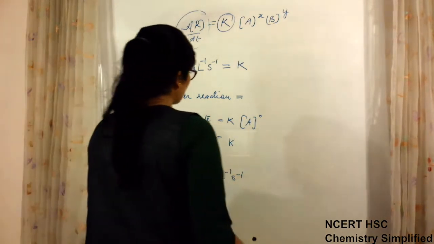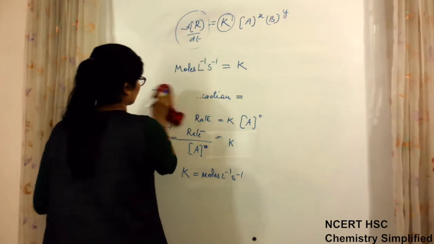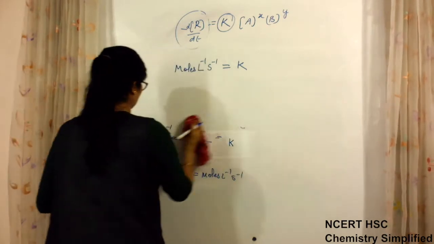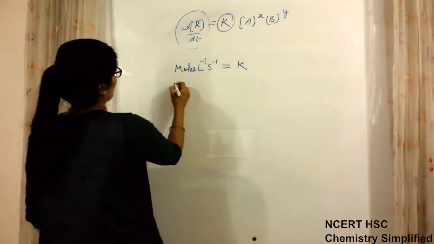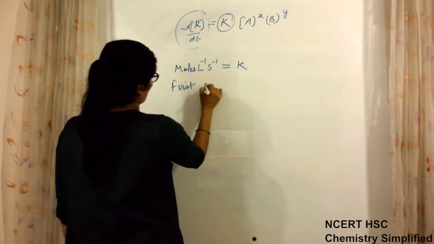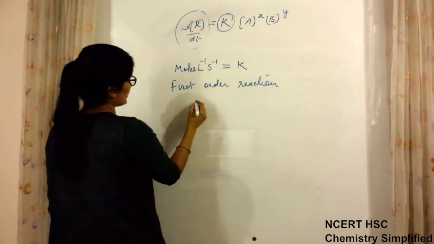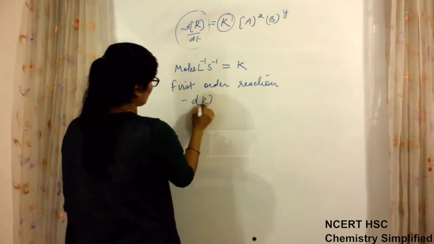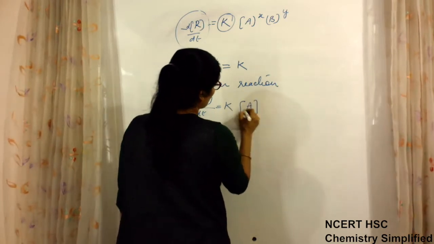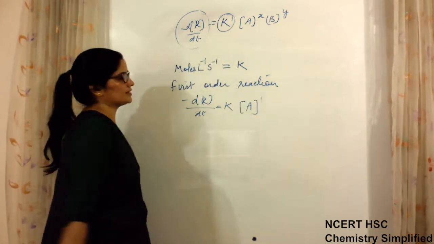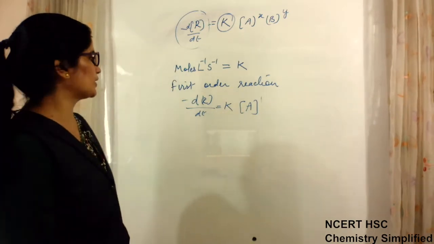Now let us see the same thing for a first order reaction. The rate law for a first order reaction will be written as minus dr by dt is equal to k a raised to power 1, or we don't write 1 even, it is clear. So this is the rate expression for a first order reaction.